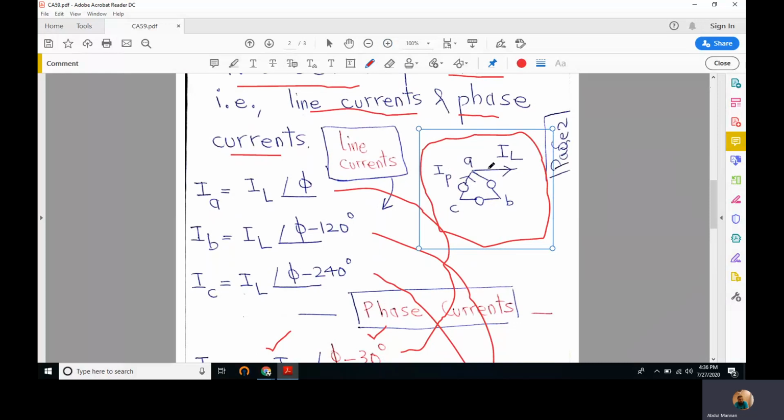But in any case, the current that is outside this delta is the line current, and the current found in any of the inner branches of this delta is the phase current.